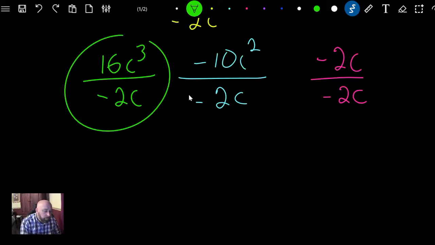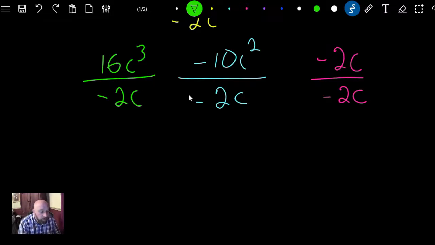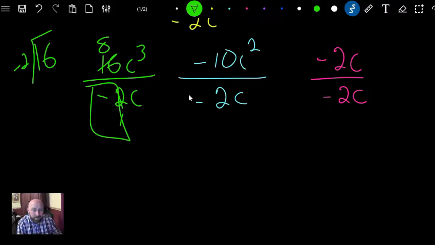Okay, so what we want to do first is this first one. We're just going to do each one of these separately. 16 divided by negative 2 is really what we have, and we have a negative 8. You might say, I want to cancel this to an 8 and this to a 1, and have a negative 1 down here.